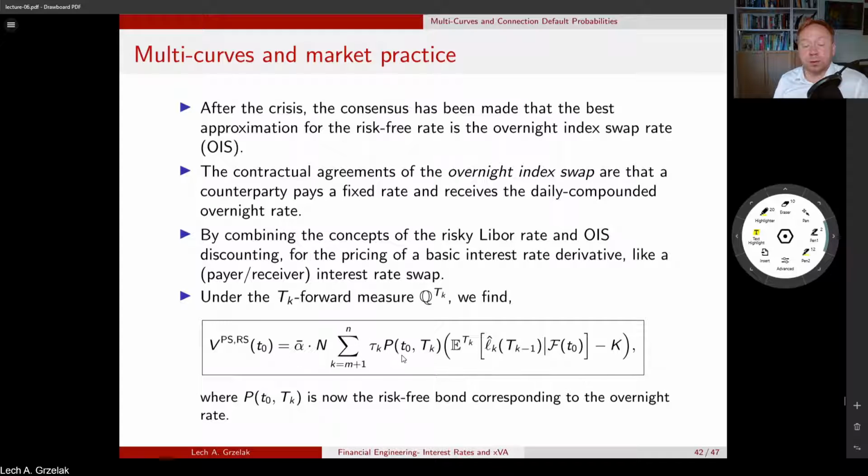We have discounting, this is risk-free, and then we have to calculate the expectation of this forward LIBOR under that corresponding T_k measure. This is, of course, a little bit problematic because the T_k measure may not correspond to the risky bond, so then we have to do some approximation. But this is basically the essence of what we see here. So we have discounting, and then we have to do some expectation of this LIBOR under a particular tenor.